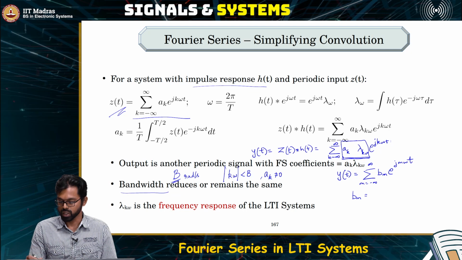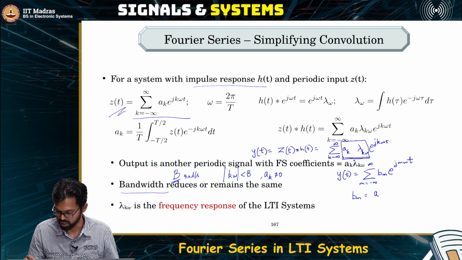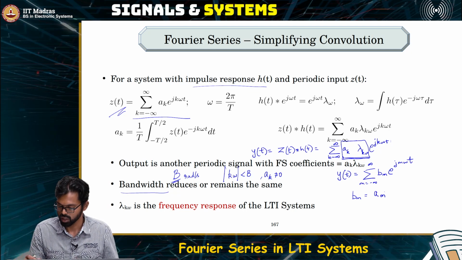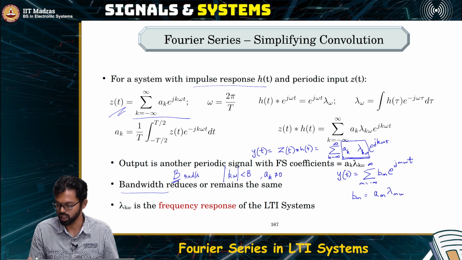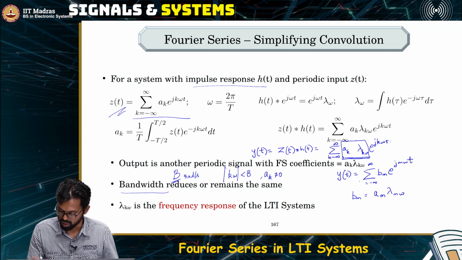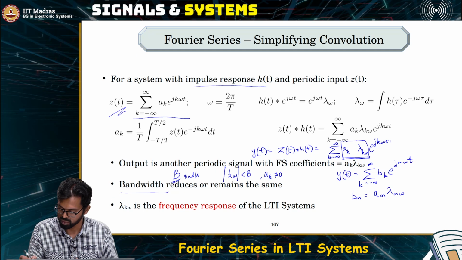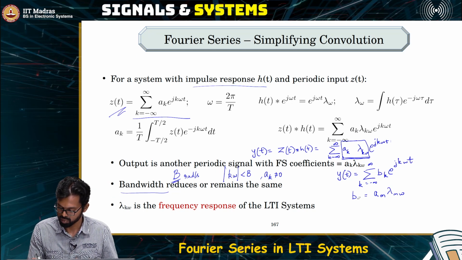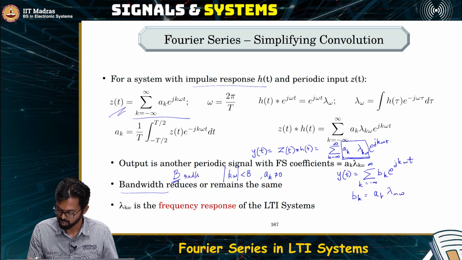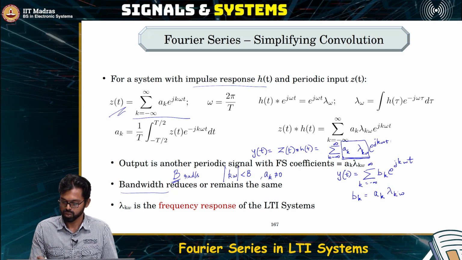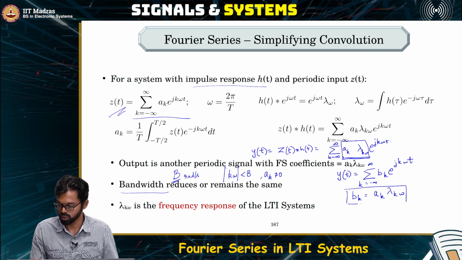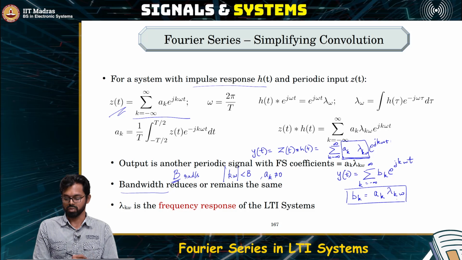It is related to the input through this relationship. It is A_m times lambda_m omega, or we can keep everything in terms of k. So, this is the relationship between the input and output Fourier series coefficients.